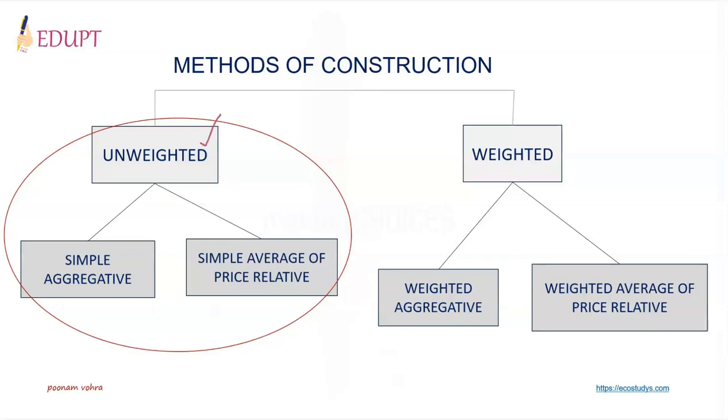One is unweighted and the other is weighted. Unweighted index numbers are those where all the items are given equal importance. So they are constructed by the simple aggregative method and simple average of price relative. So we shall concentrate on these two methods of calculating unweighted index numbers.